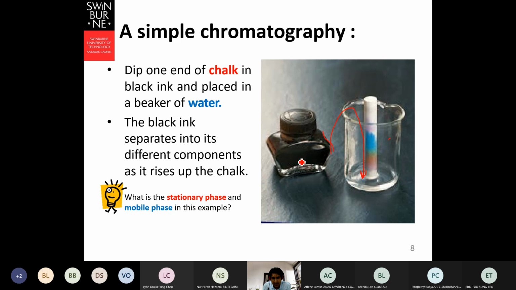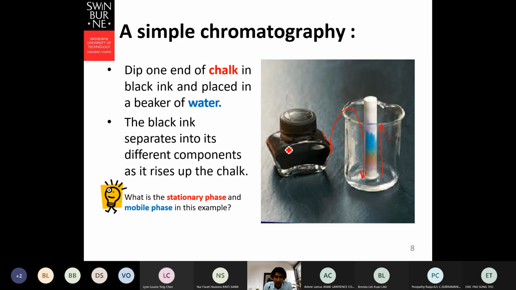The water that the ink is dissolved in, in the beaker, the chalk, since the chalk is dry, right? The chalk is dry, so the chalk will absorb the water, and the water will travel up. When we put the chalk here, the first time the chalk is very dry.